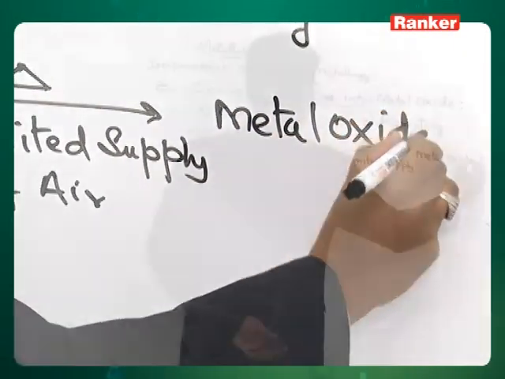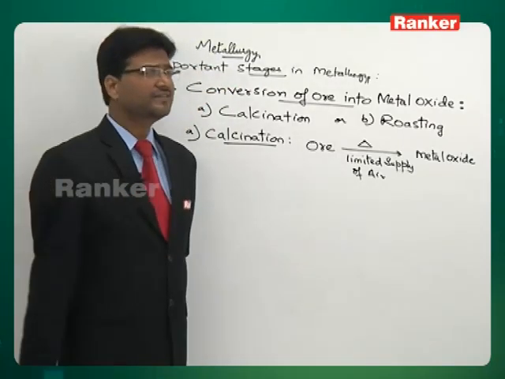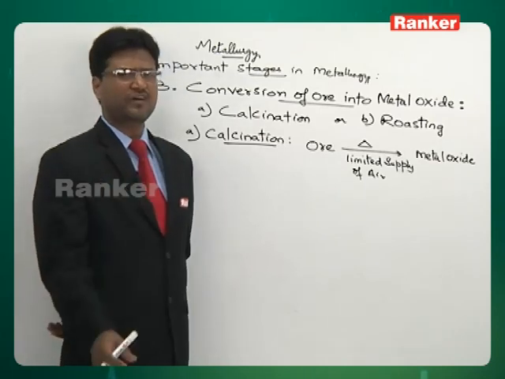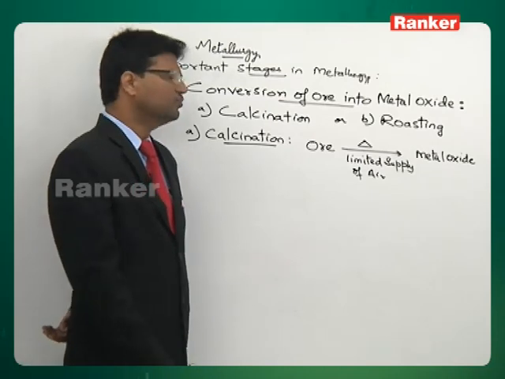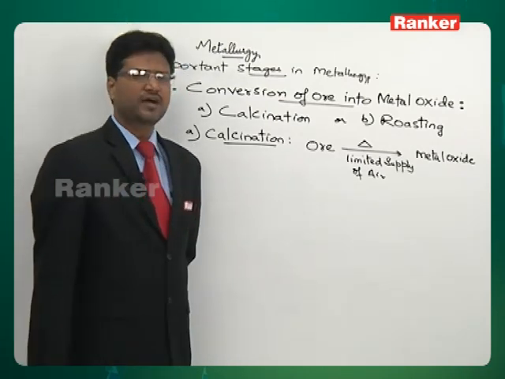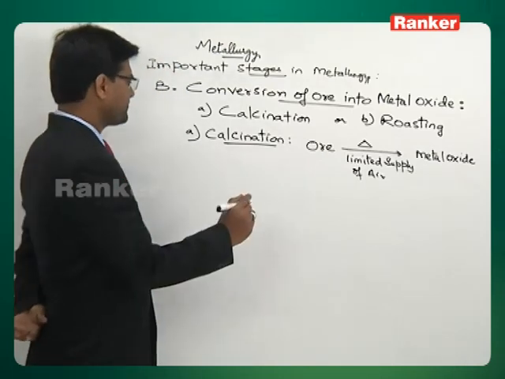Now, during this heating, you lose all the volatile substances, volatile impurities from the ore. You lose sulfur, you lose phosphorus, you lose arsenic, you lose moisture. Moisture content of the ore will come down and the ore will get transformed into its oxide.